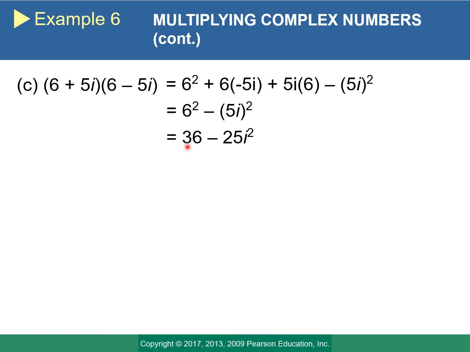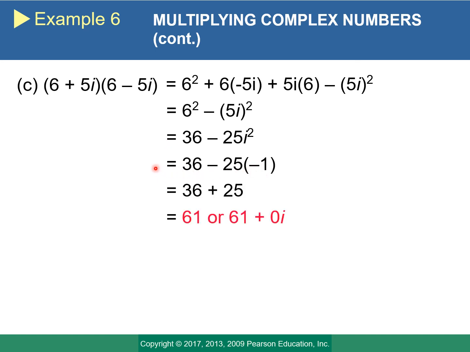We get 36 minus 25i squared, and then we know that i squared is negative 1, and so this is now a positive 25, so we just have 61 as our answer. Or if you want to write it in complex standard form, you can say 61 for the real part plus nothing or 0 for the imaginary part.